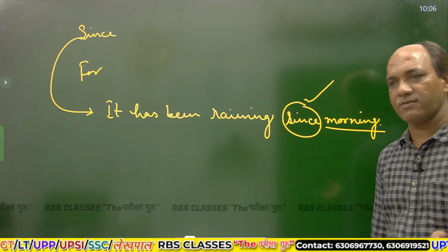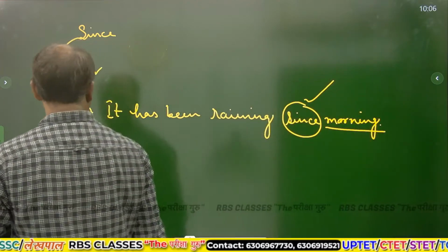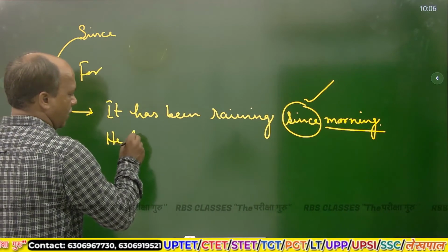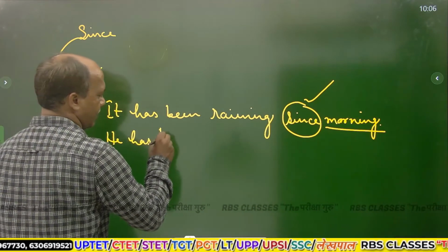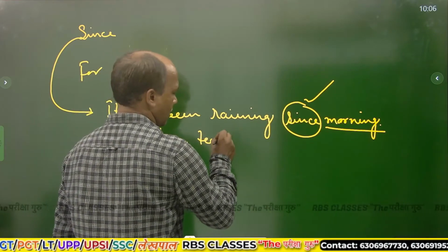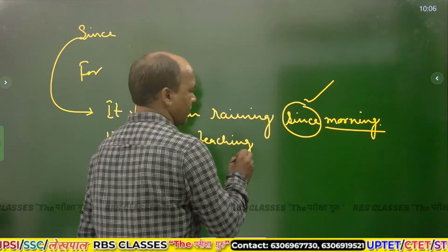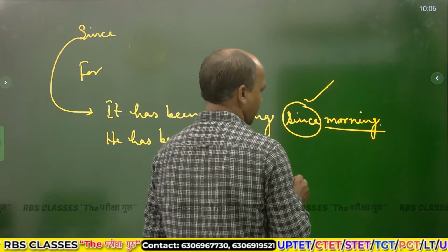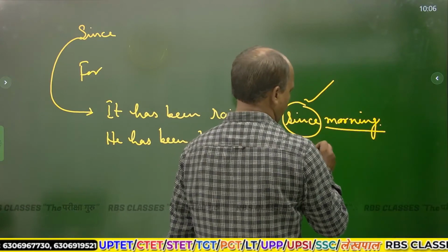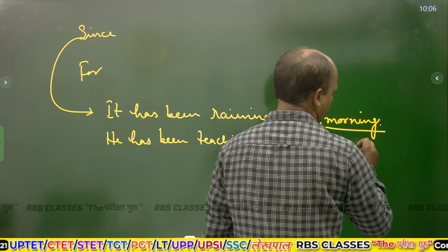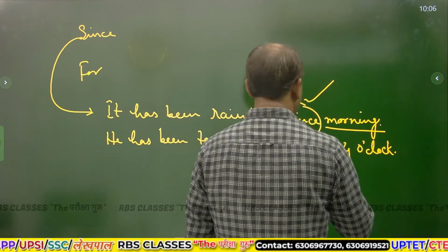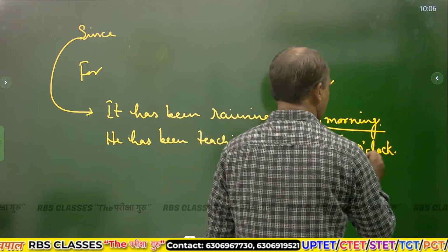So it has been raining since morning. अगर ये ऐसे हो जाए, he has been teaching me since 4 o'clock. Then since is correct because time is definite.